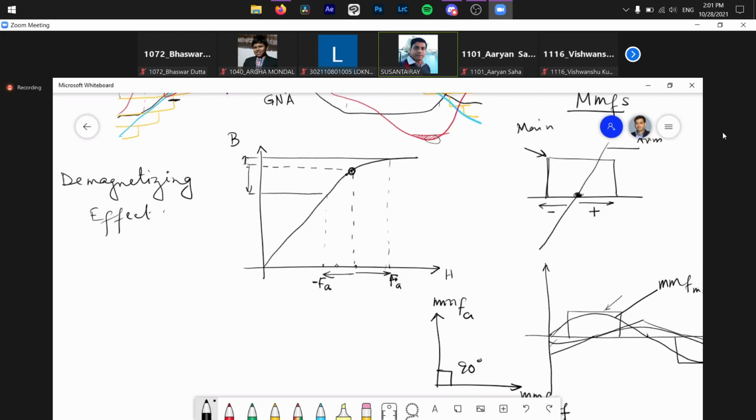We'll get the net reduced flux after the armature reaction. So this is called the demagnetizing effect. And why cross magnetizing? Because they have a 90-degree phase relation between them, the armature MMF and the field MMF.